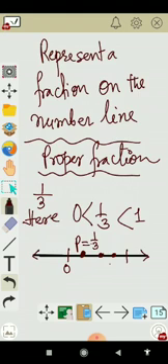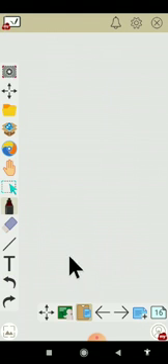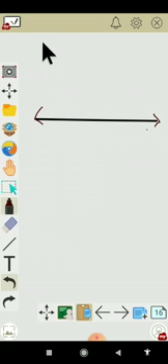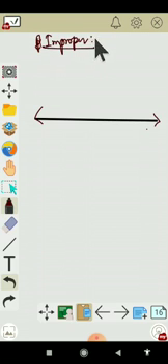Similarly, we can represent any proper fraction. Now an improper fraction on the number line. Suppose 3 by 2. It is possible to write 3 by 2 as 1 and 1 by 2 in mixed fraction.